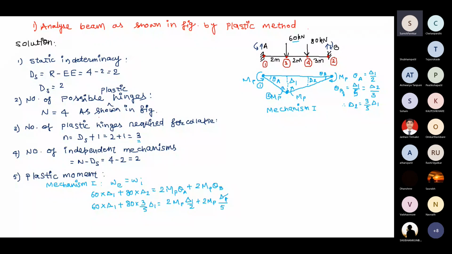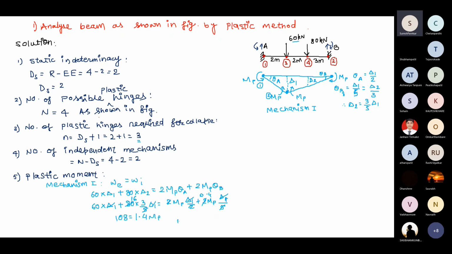And from all this now we are in position to cancel this delta 1. So this 5 we have 16. Then 2 gets cancelled. 5 ones are 5, 5 fours are. So we have 16, 3, 48, 60, 108, which is equal to Mp plus 0.4 Mp, 1.4 Mp.